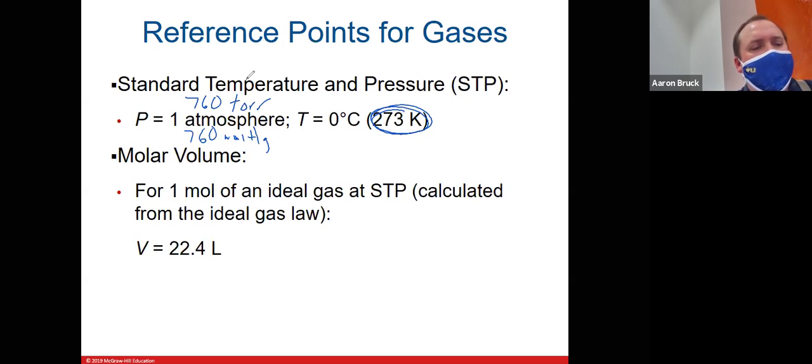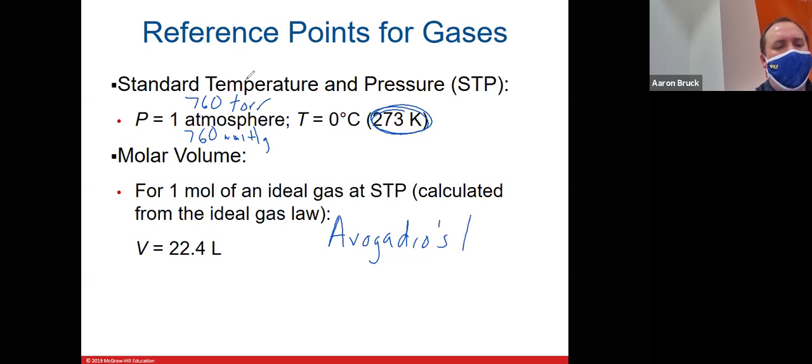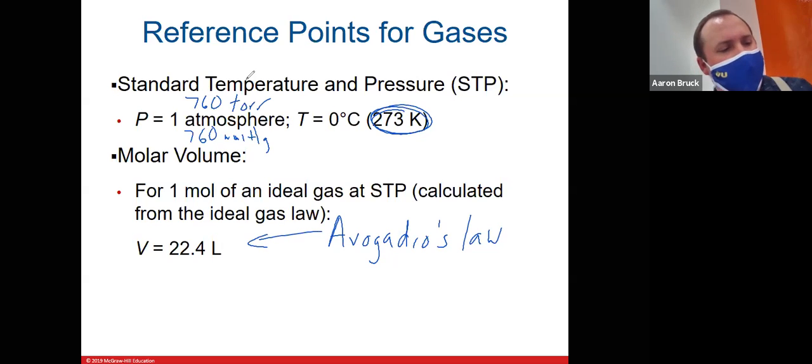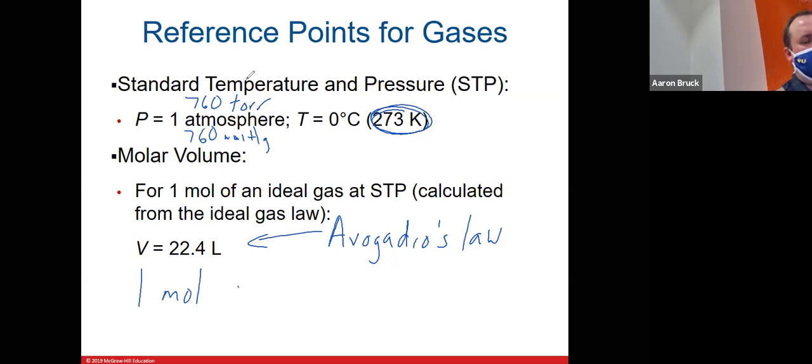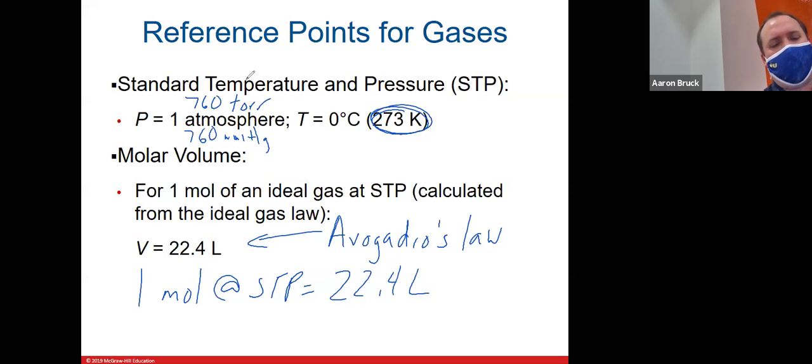This sets up one of our definitions of Avogadro's law. One mole of gas at STP is going to be equal to 22.4 liters of volume.